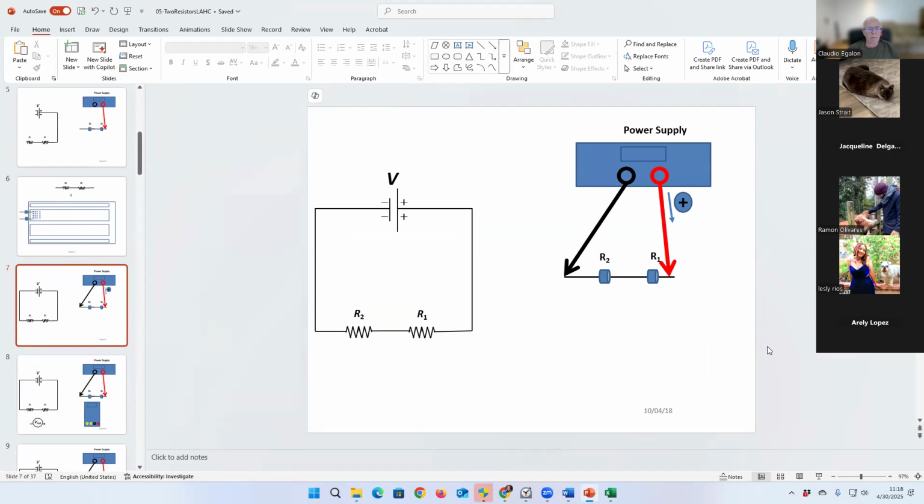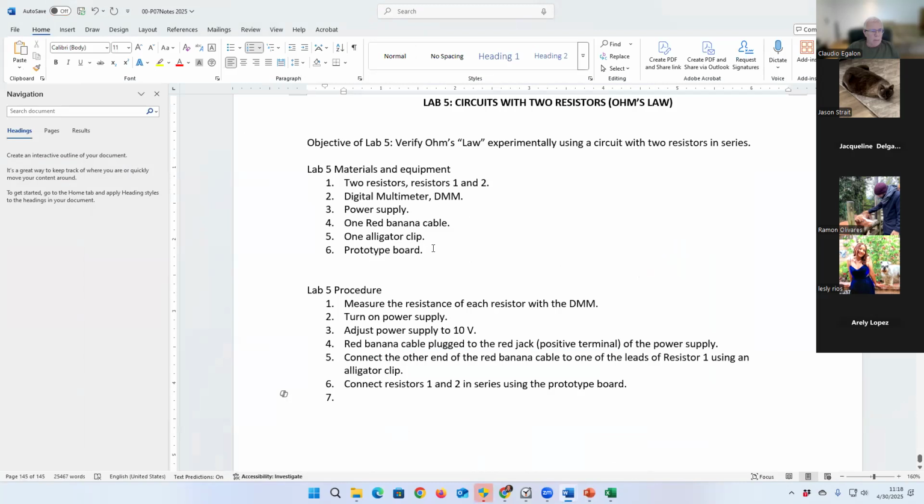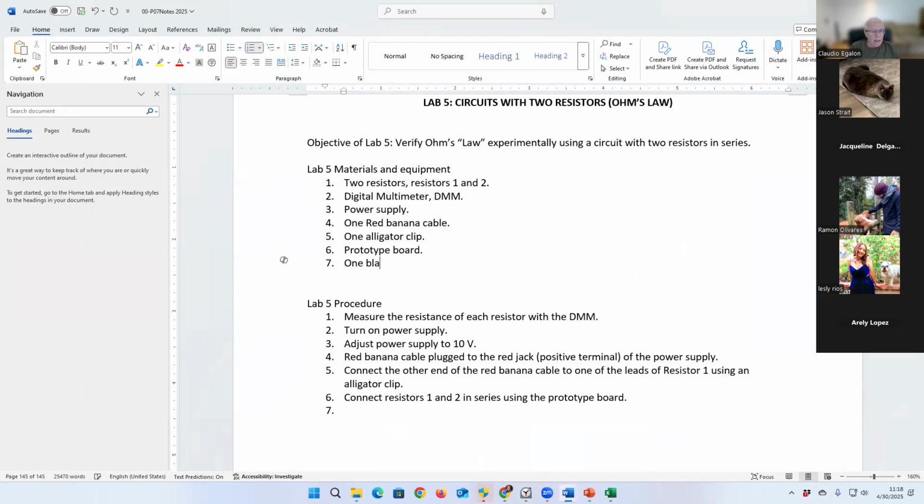Then we close the circuit with the black banana cable. Here at this end, we are going to need an alligator clip. At the other end, you do not need an alligator clip because the banana fits well into the banana jack of the power supply. So, prototype board, 1 black banana cable, and 2 alligator clips now.